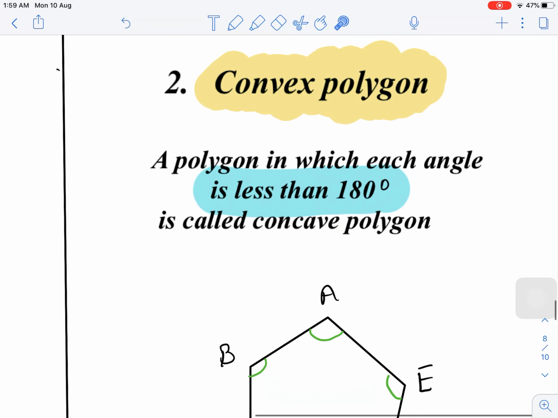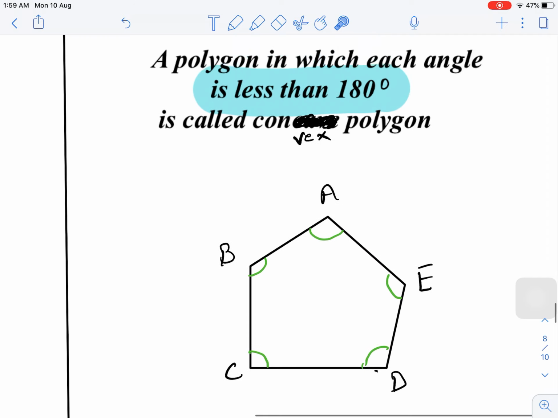Now what will be a convex polygon? Let me make some corrections here. Now what is a convex polygon? A polygon in which each angle is less than 180 degrees is known as a convex polygon.